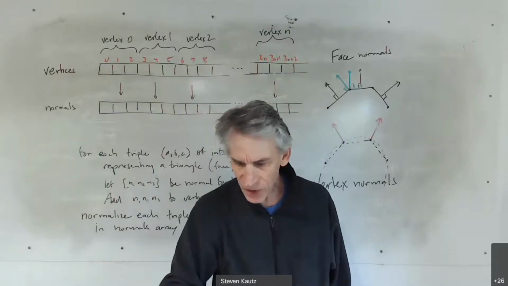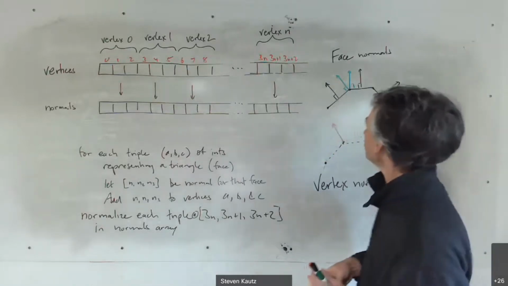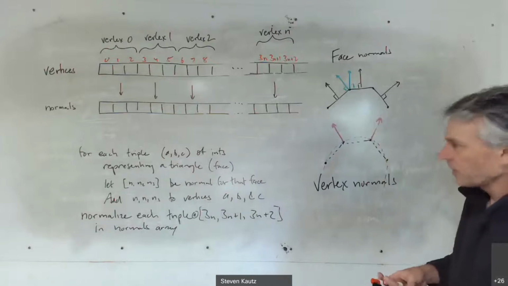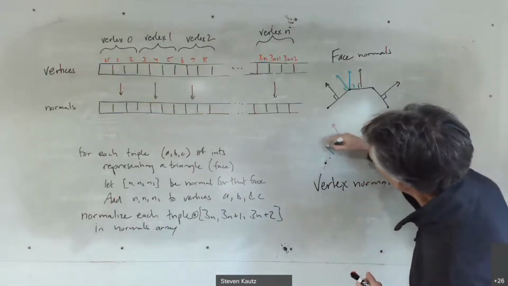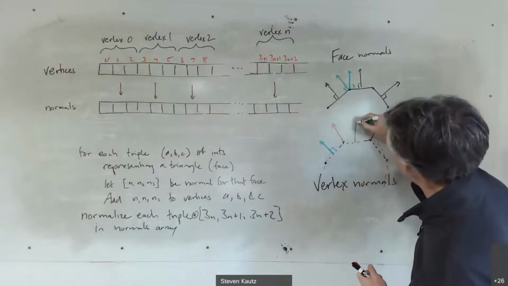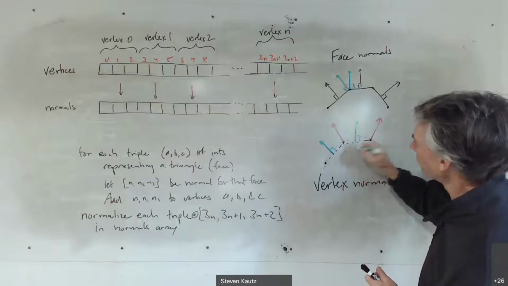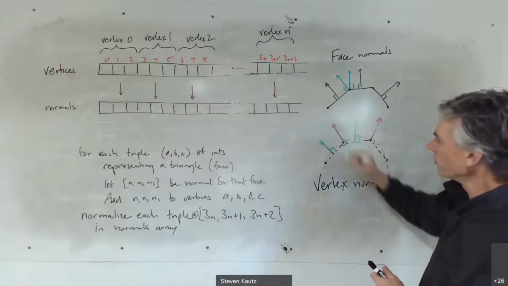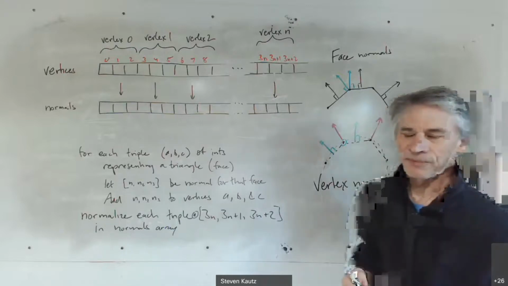Again, what is our goal? It's something like this. I'll just sketch on top of here. We want to take a face normal there and a face normal there, and all neighboring face normals for a given vertex, and we want to add them all up, for every adjacent face.